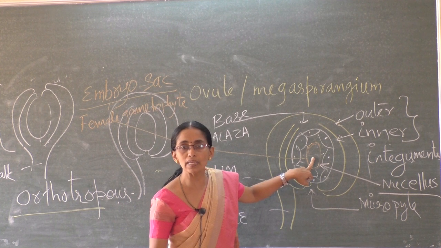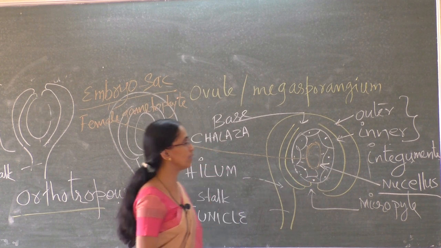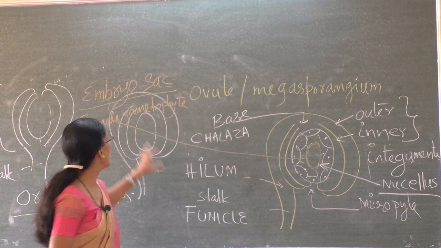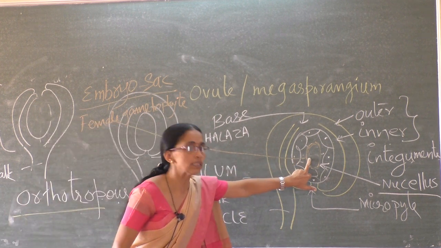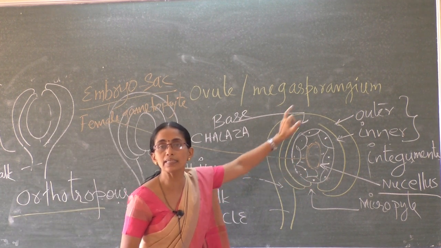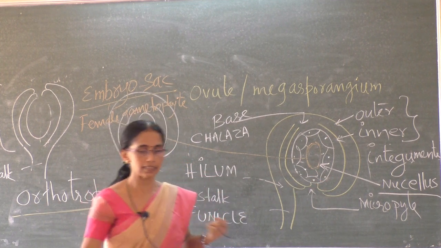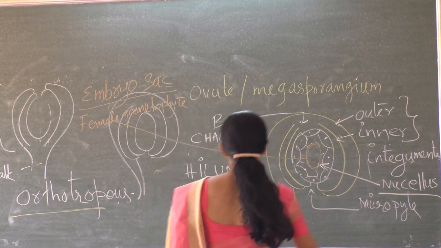What is embryo sac? Female gametophyte. So the continuation is how the female gametophyte, the embryo sac, is produced inside the nucellus.